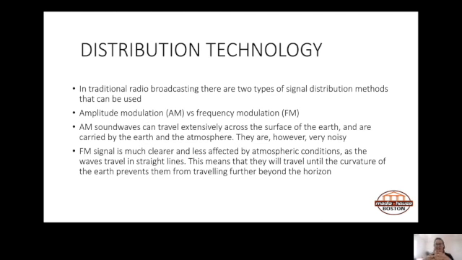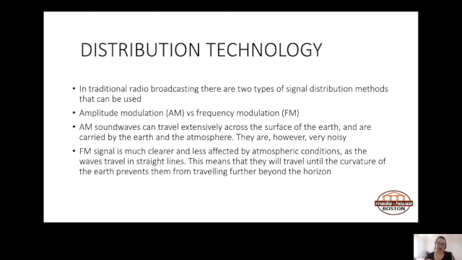So it can extend a lot further than FM signals can because it can bend. So AM signals can bend. The reason that these AM signals are so noisy is because they can be greatly affected by atmospheric conditions such as rain, clouds, or lightning.